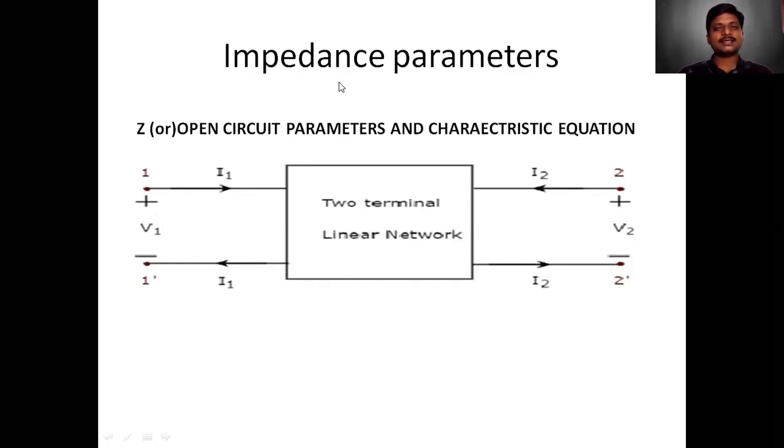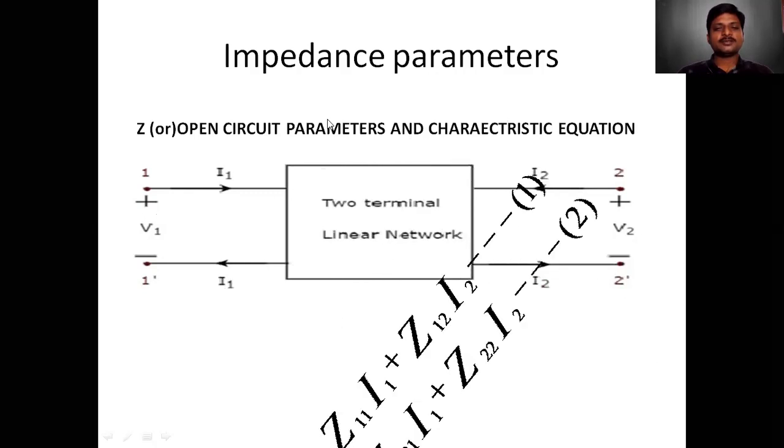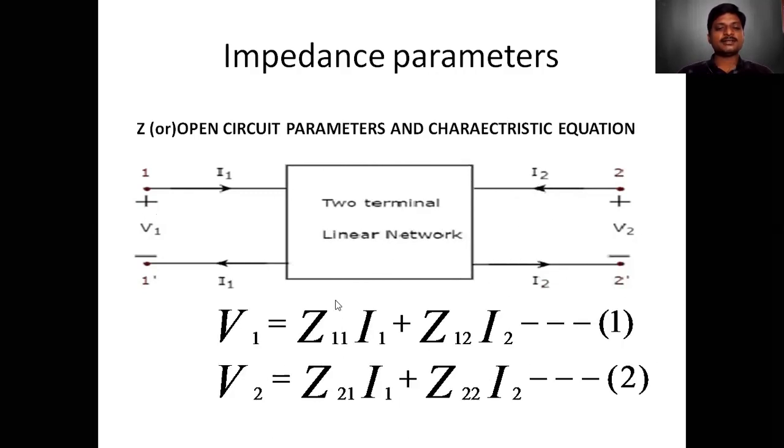The characteristic equations of impedance parameters or Z parameters can be seen on the screen. V1 is expressed in terms of impedances Z11 and Z12 using the currents I1 and I2. That will be taken as equation 1.